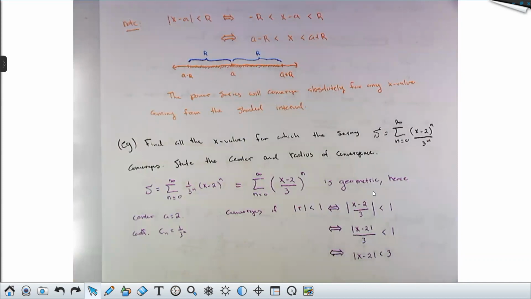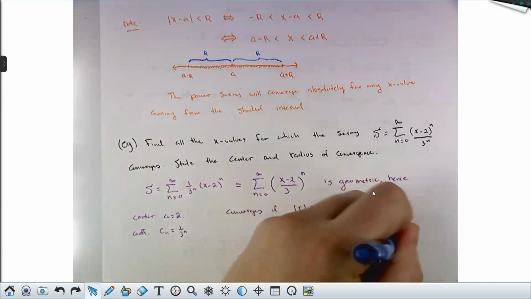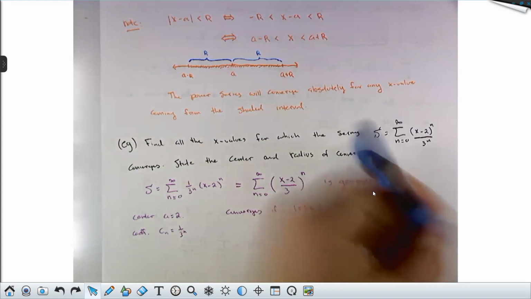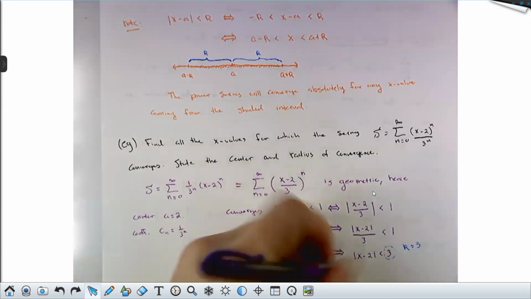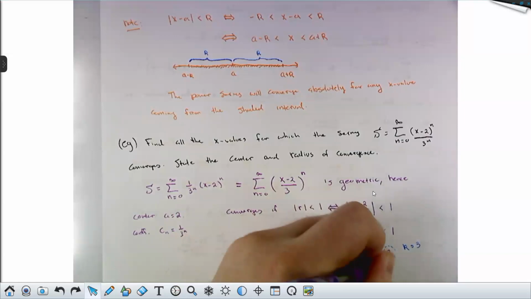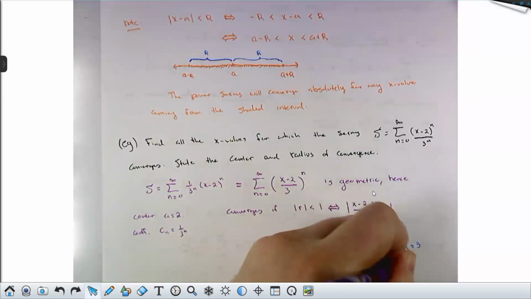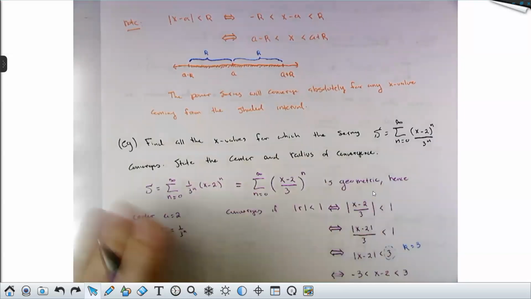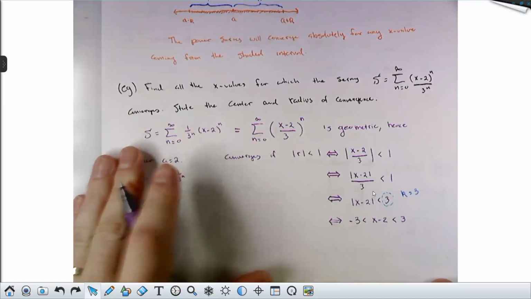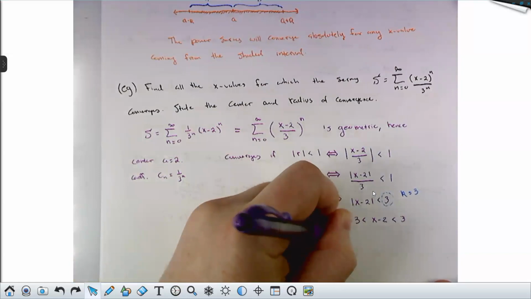Or you could unpack this as -3 is less than x minus 2 is less than +3. And finally, adding 2 everywhere.